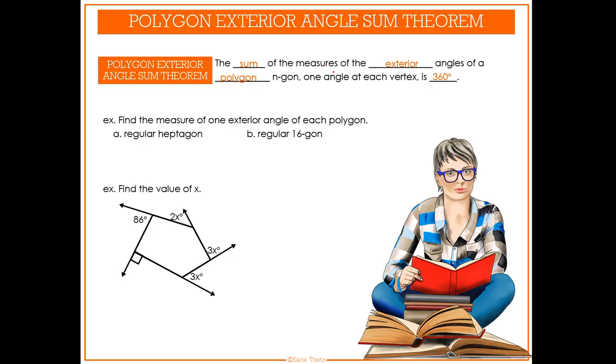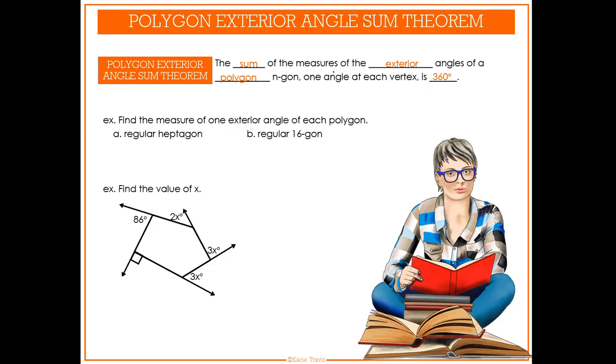Now, what if you wanted to find just one of those exteriors? What you would do is take how many sides your shape has and divide 360 by it. And that will tell you what each of the exterior angles is. Remember, 360 is the total, the full sum of all of the exteriors.